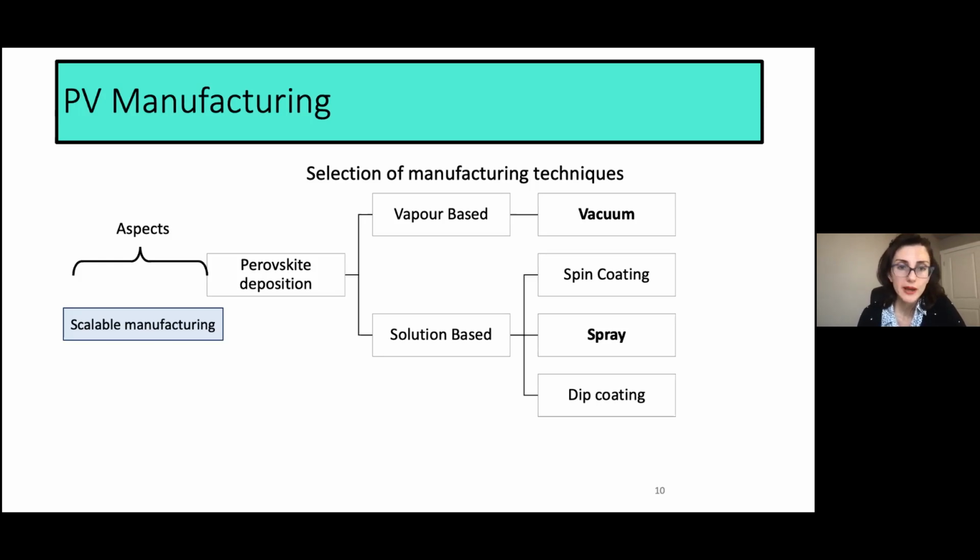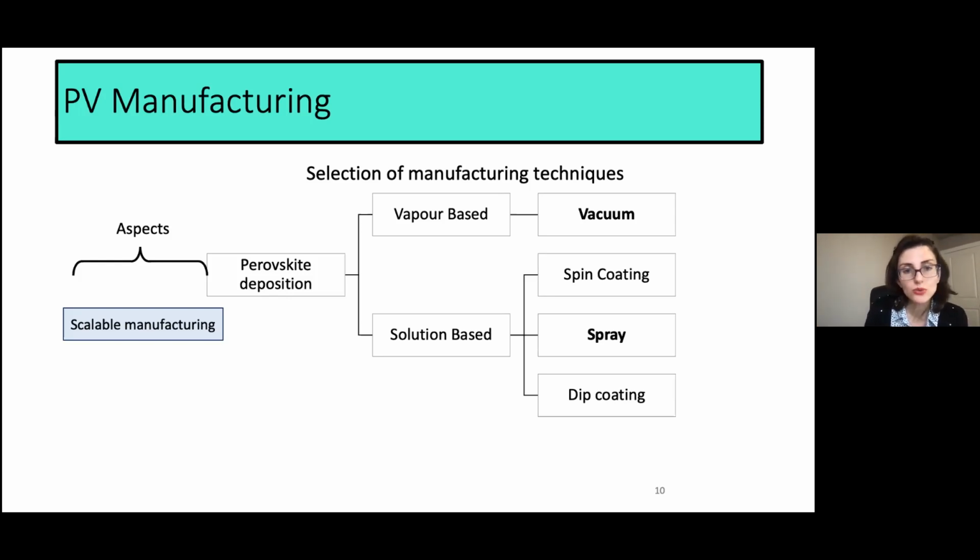For the vacuum-based deposition, this requires lots of electricity to create those vacuum conditions. So it's very similar to the conditions that we have in other thin film PV technologies. If you want to move towards a greener production, then we need to get rid of those energy-intensive manufacturing techniques. So we removed that.